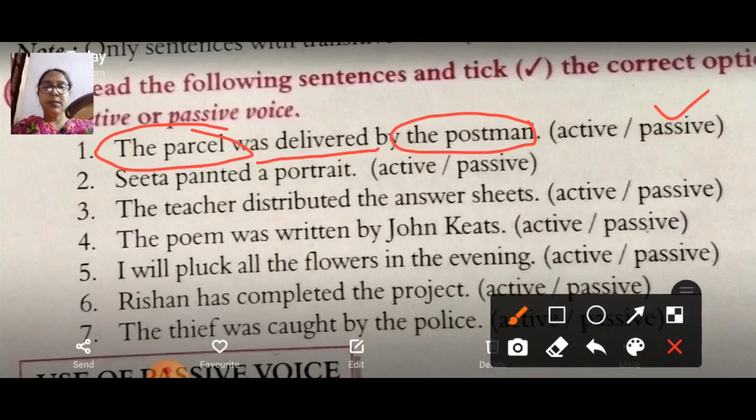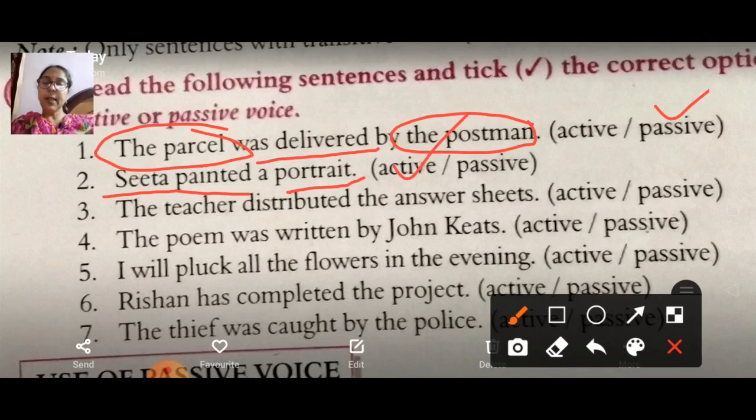Now second, Sita painted a portrait. In this sentence, this is the subject, this is the action, and this is the object. So simply we can recognize that this is active voice.